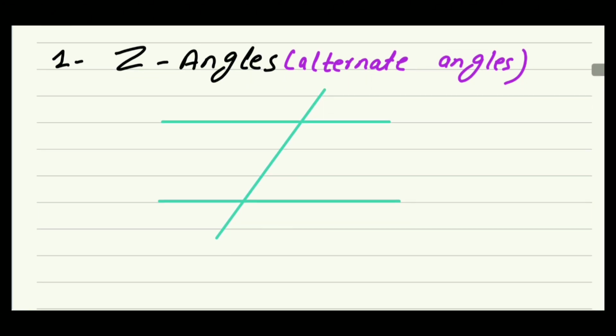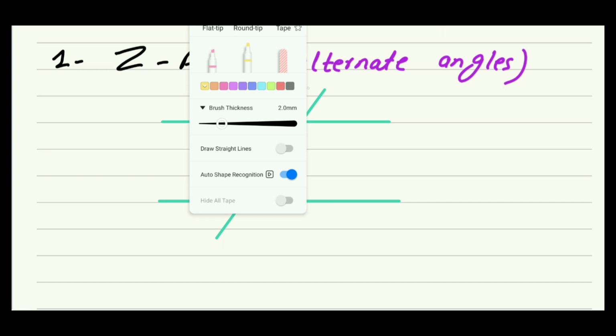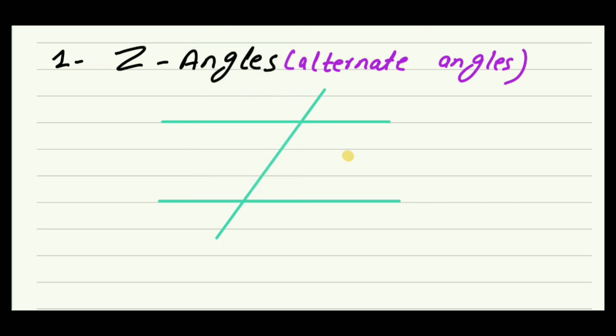Okay, so there will always be two parallel lines, and one straight line will be intersecting those two parallel lines. The angles you can see come from the Z shape. You can see this Z shape.